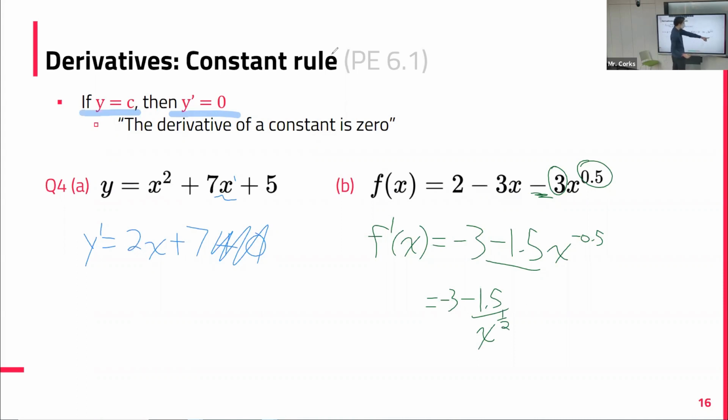So changing our exponent to be positive, so 1 over that thing, and it's 0.5, so that's 1 over 2. Let's say I don't like that either. I want that as a root. Okay. So negative 3 minus 1.5 over root x, square root of x.